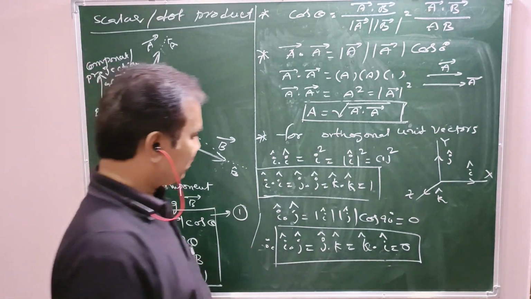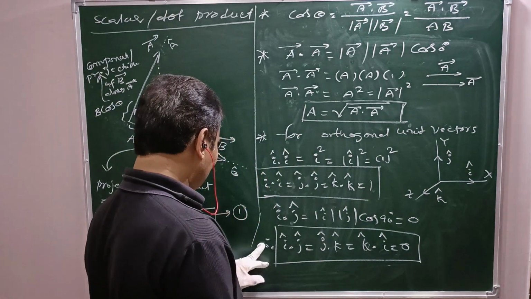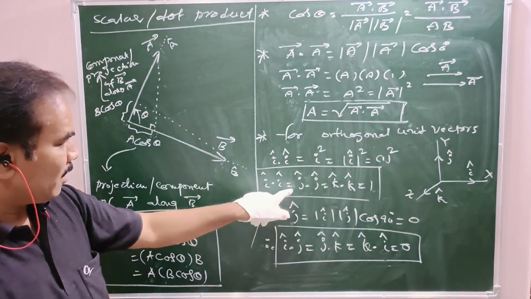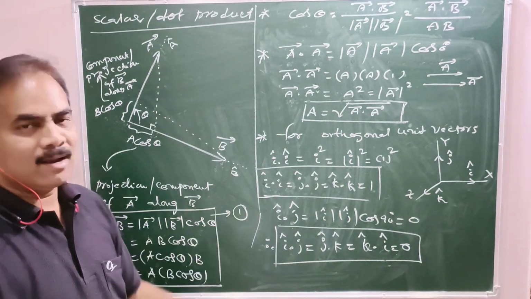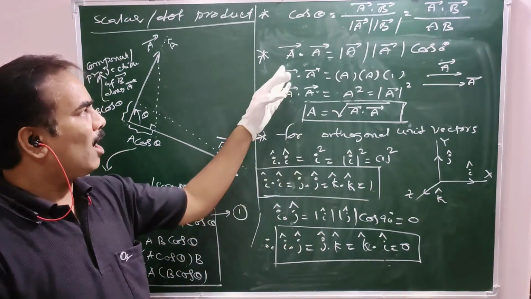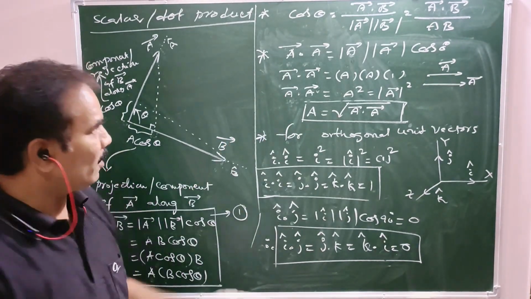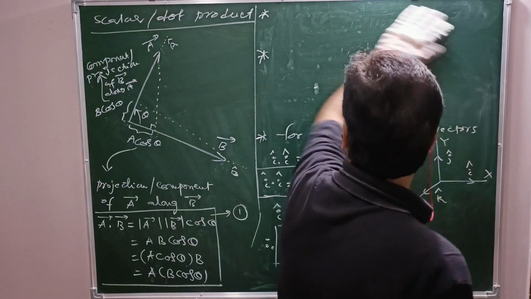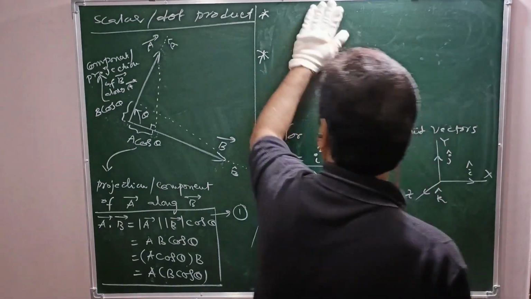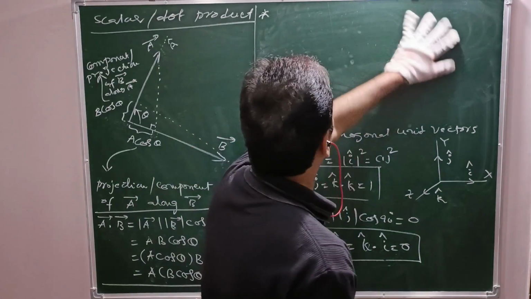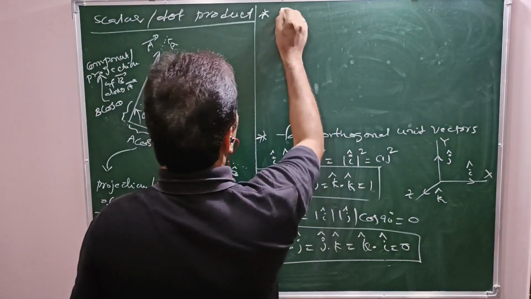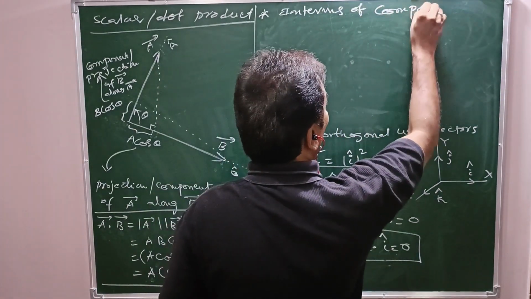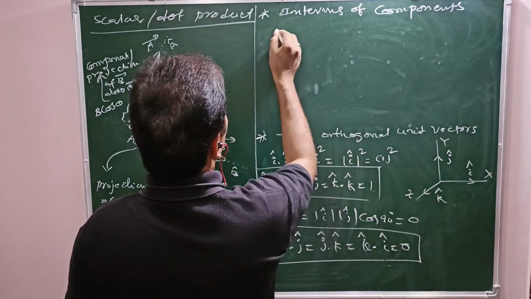Okay, all right. Now let us see how to find the dot product of two vectors in terms of components. Based on these two relations, we can determine the dot product of given two vectors in terms of components. The next characteristic, in terms of components: suppose a bar dot b bar.